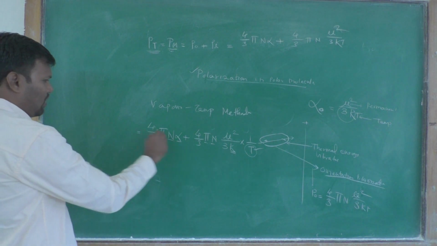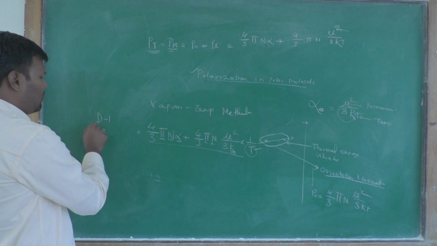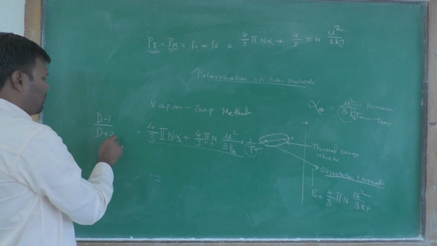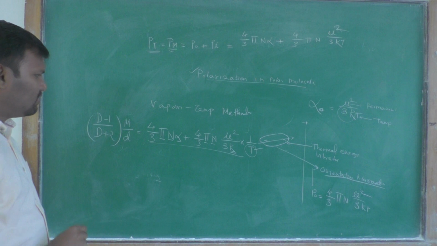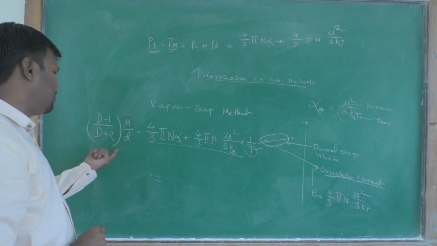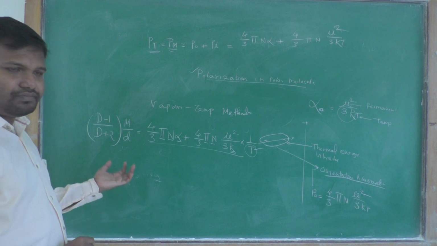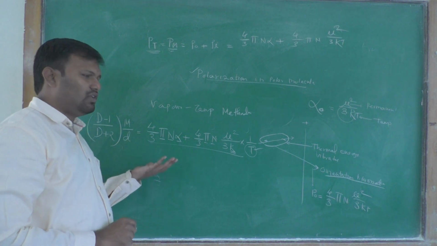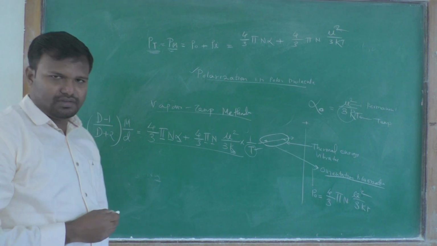The total polarization we have is given by (D minus 1)/(D plus 2) times M upon d, where M is the molecular weight and M upon d is the molar volume, molecular weight upon density. That formula we will use to find the dipole moment in the vapor temperature method.